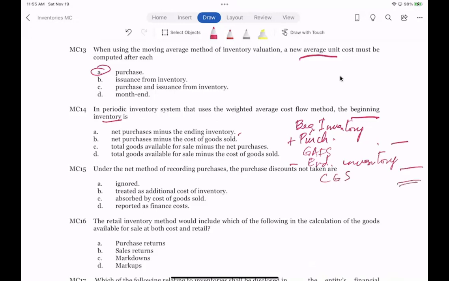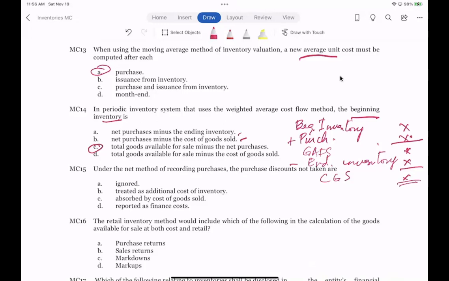Okay, so net purchases minus the ending inventory, no. Net purchases minus the cost of goods sold, no. Total goods available for sale, this one, minus the net purchases. So we are working back. Yes, therefore it's letter C. Actually, total goods available for sale minus the cost of goods sold is the ending inventory.